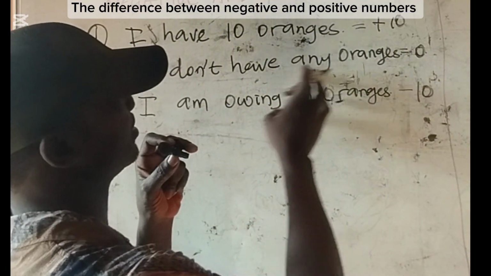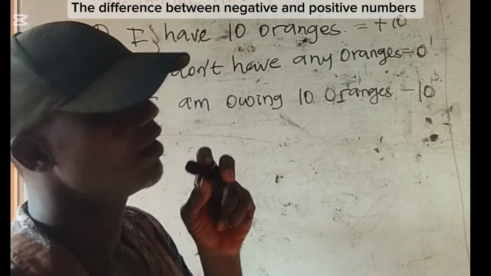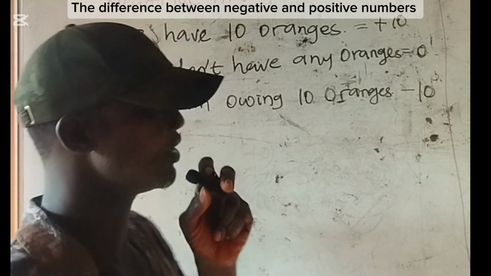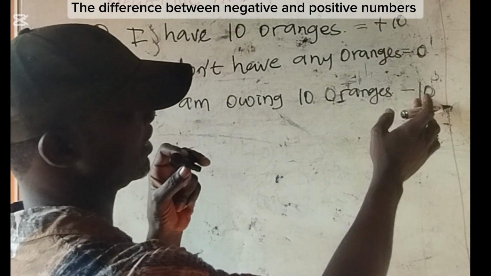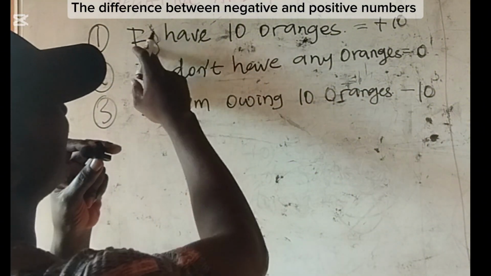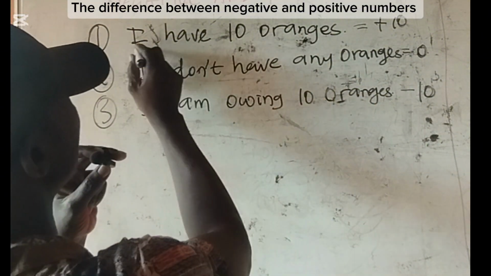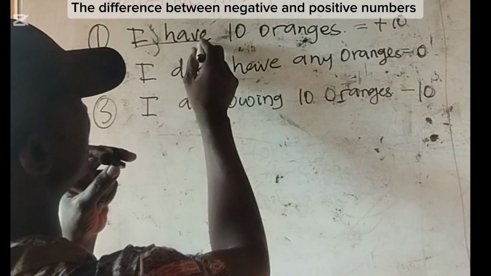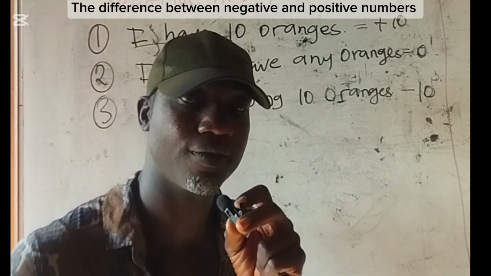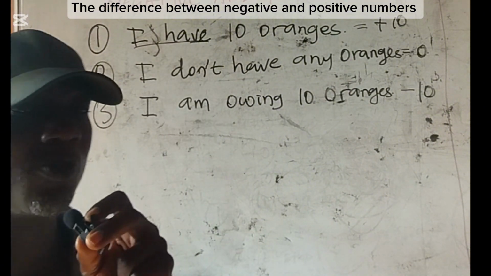Let's consider the points where I have plus 10 oranges, and when I have minus 10 oranges. Let's read this statement again. I have 10 oranges. The major phrase I want you to take out of there is I have. I'm in possession of.